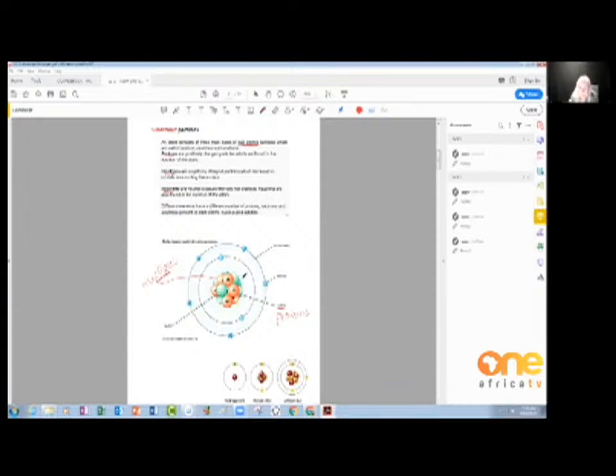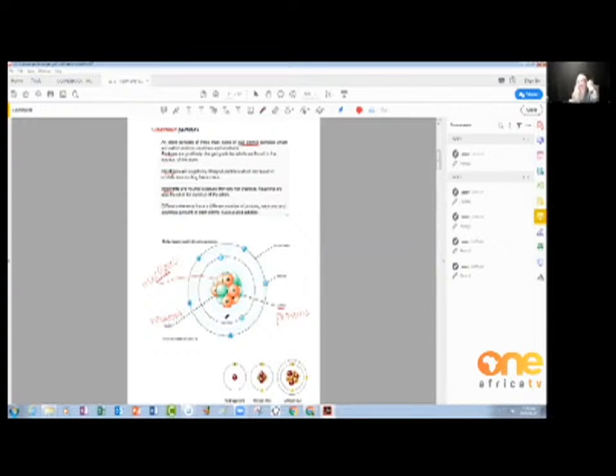And the particles that are shown in green here are called neutrons because they are neutral, meaning that they don't have any charge. So these are the neutrons and the protons. The nucleus of the atom consists of these two types of particles, neutrons and protons.